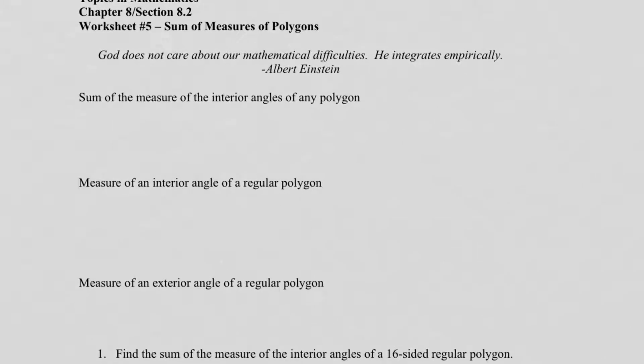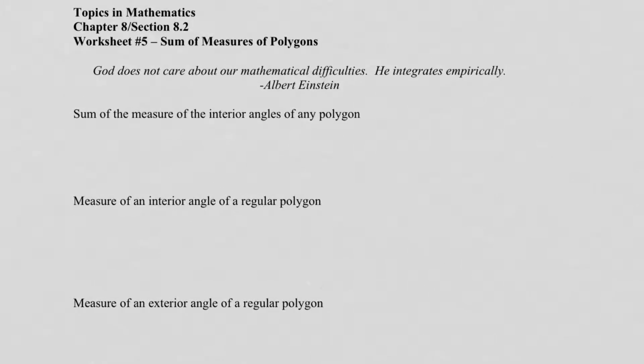So starting at the top here, we have basically some theorems that can be proved, but we're just going to enjoy the benefits of these theorems. For example, the first one is called the polygon angle sum theorem.